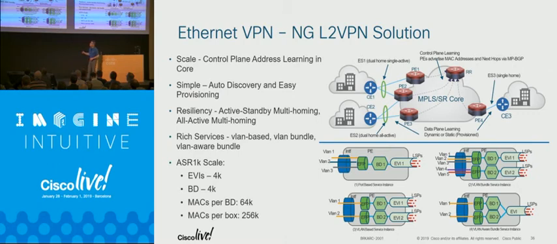And Ethernet VPN also provides very rich services. So what you can do is you can configure this port-based service instance. This is between your PE and the CE. On the CE-facing side, you can configure a port-based service instance.